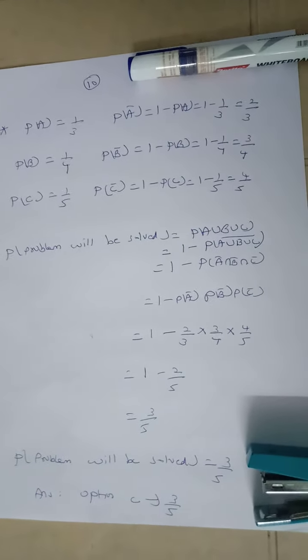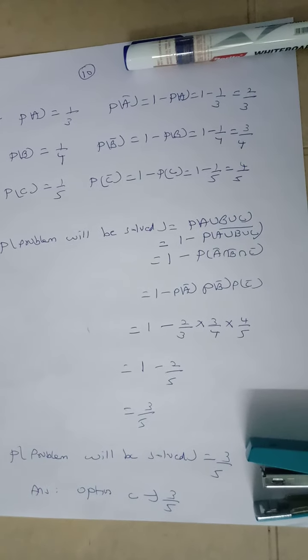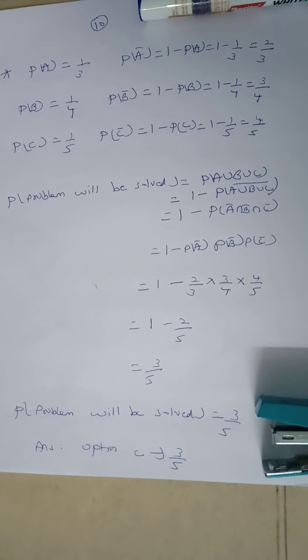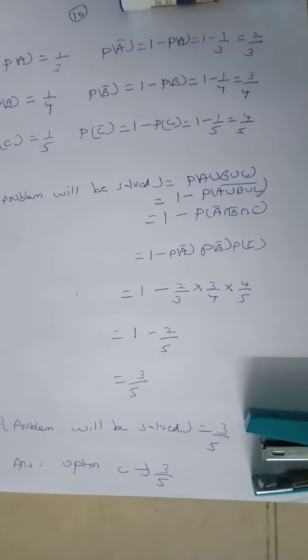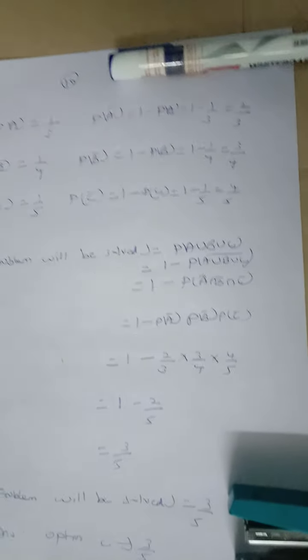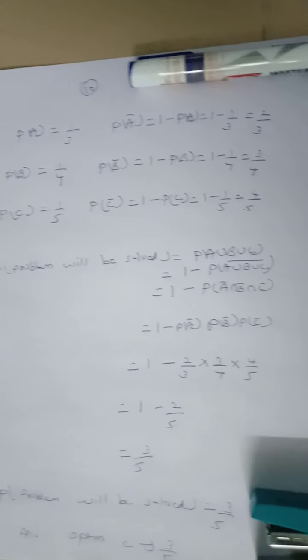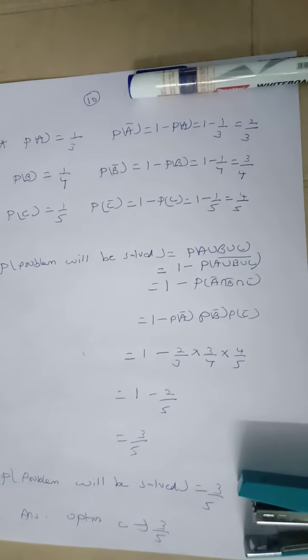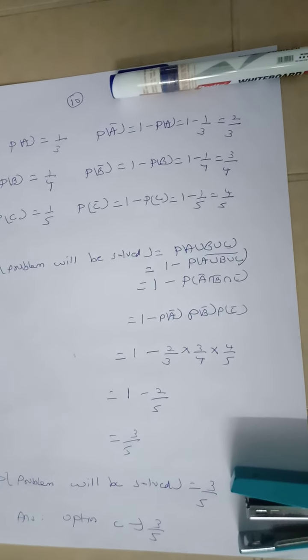Probability of B solving the problem is 1 by 4. Probability of B not solving the problem, P of B dash, is equal to 1 minus P of B, which is 3 by 4. Probability of C solving the problem is 1 by 5. Probability of C not solving the problem is 1 minus P of C, which is 1 minus 1 by 5, which is equal to 4 by 5.